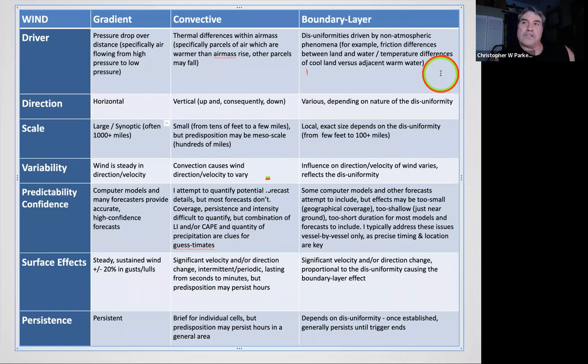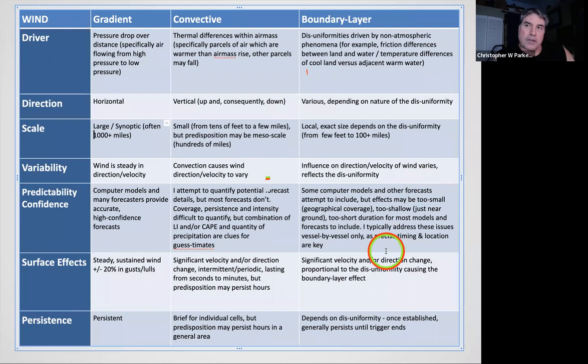So these weather phenomena depend on the nature of what's causing it. They tend to be fairly localized. The disuniformity can be from really small to maybe 100 miles across. And the influence on the weather is related to what's causing the disuniformity.